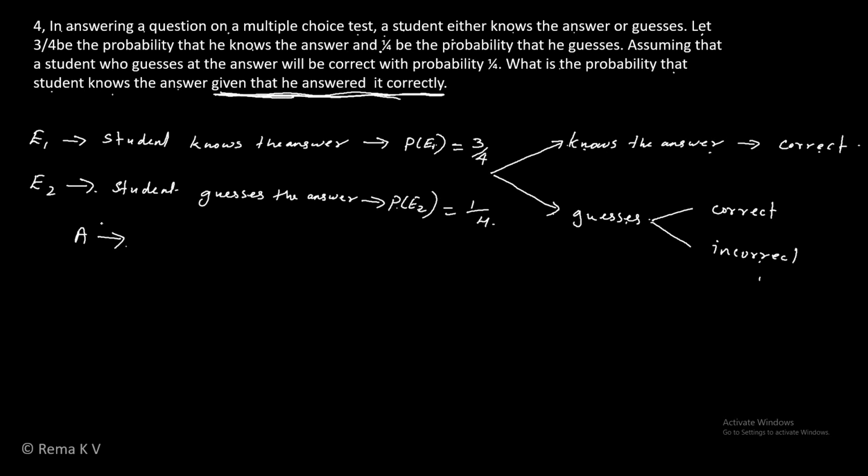So what is to be taken as A? A is, the answer is correct. That is the event A.